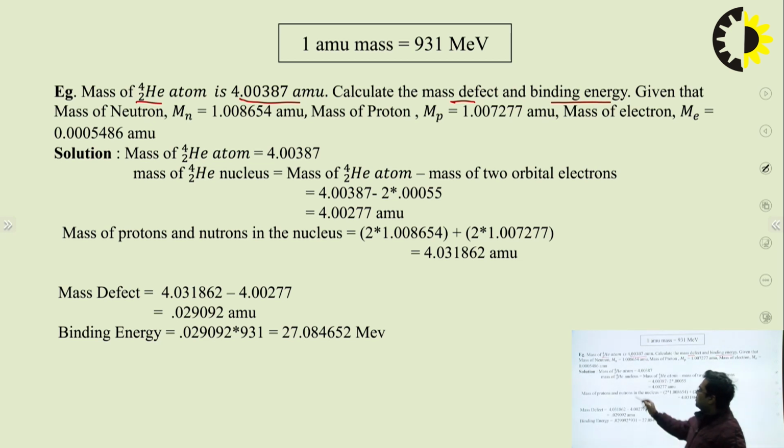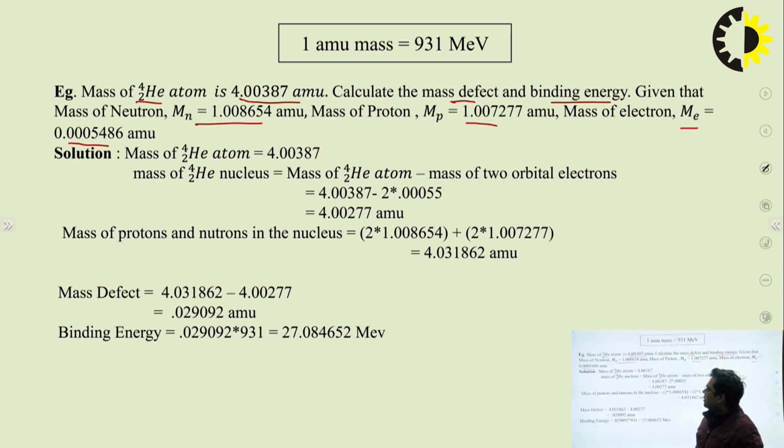Given the mass of a neutron is 1.008654 AMU, the mass of a proton is 1.007277 AMU, and the mass of an electron is 0.005486 AMU.